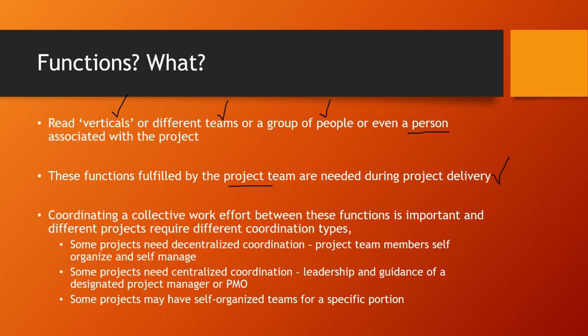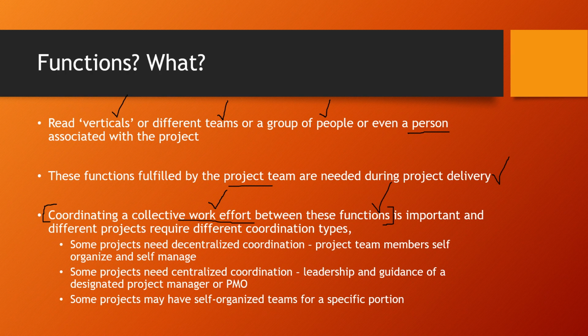And you as a project manager, your basic job is to coordinate a collective work effort between all these different functions. This is a good single line description of your basic job as a project manager: you need to coordinate a collective work effort between the different functions.